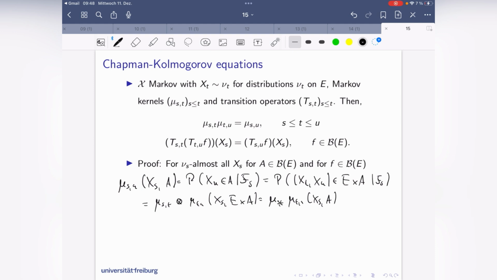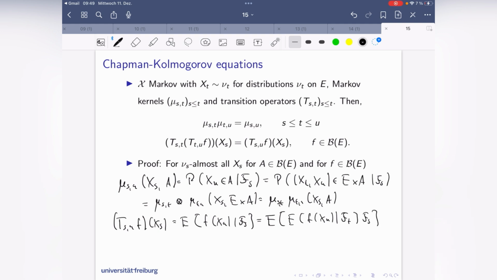For the transition operator, T_su f of xs. What's that? That's by definition the expectation of f of Xu given Fs. Because of the tower property of the conditional expectation, I can write it like this: the expectation of the conditional expectation of f of Xu conditional on Ft, and conditioning the whole thing here on Fs.